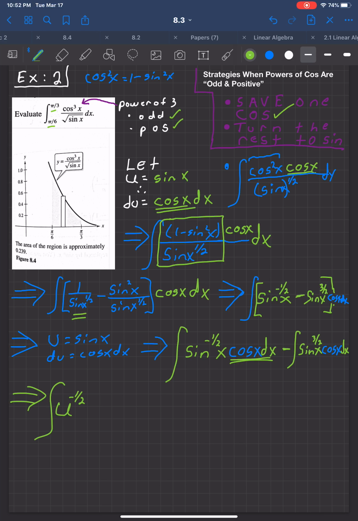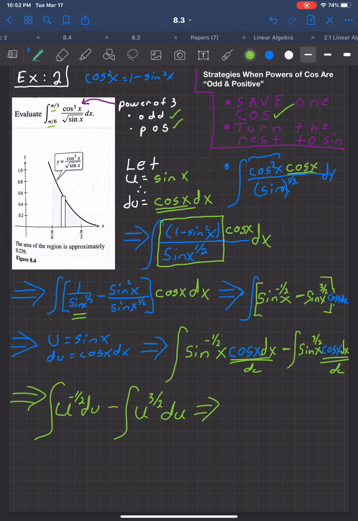So that cosine x dx can become du. And this would be u to the power of 3/2, and again, that becomes du. Okay, let's get to the answer. From here, this is old hat. You just use your power rule for integration and back substitute everything in.